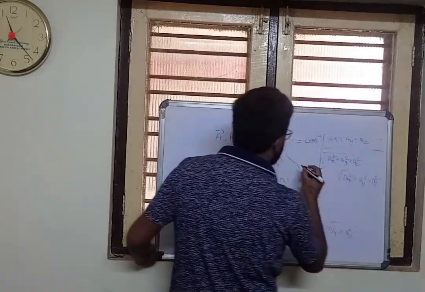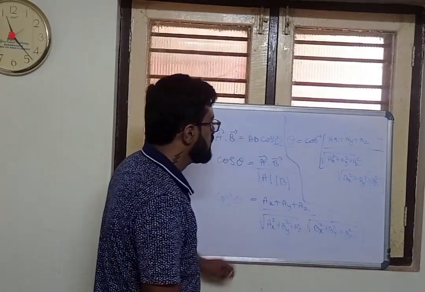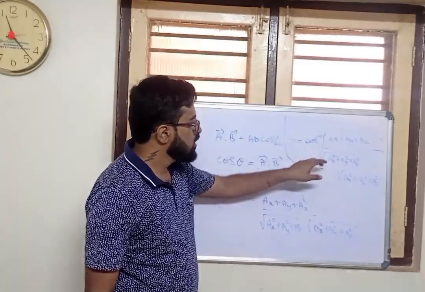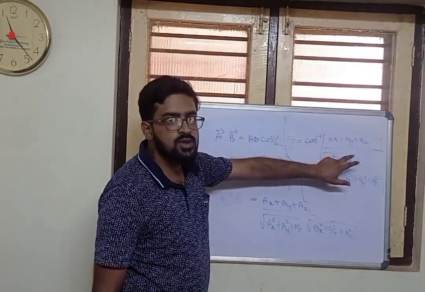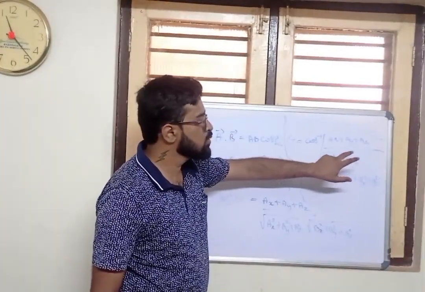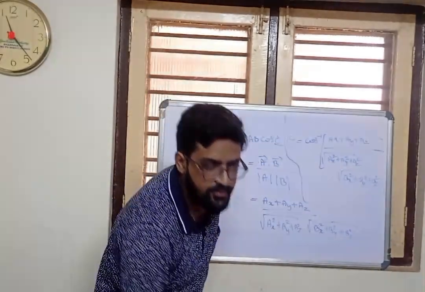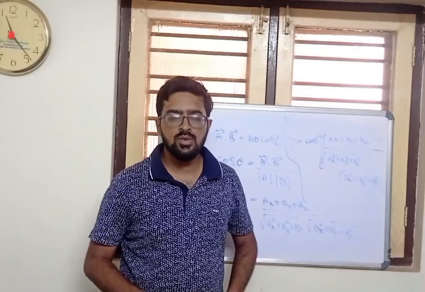So this theta gives the angle between two vectors. This is the equation to calculate the angle between the two vectors. So this was about finding the angle between two vectors.